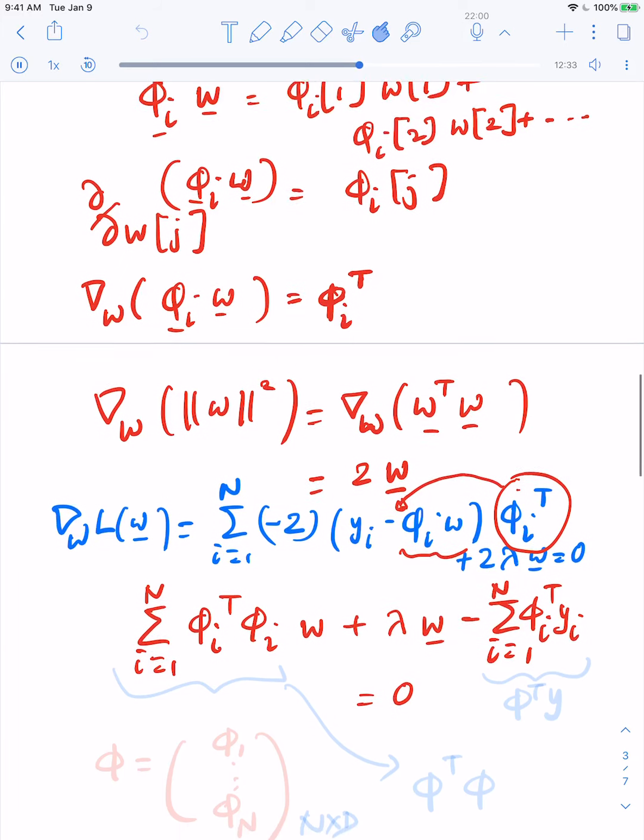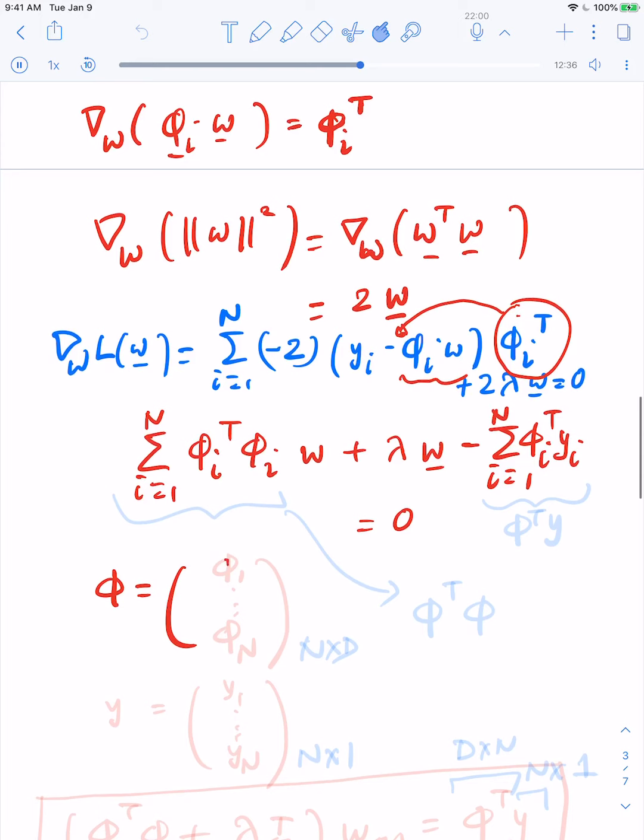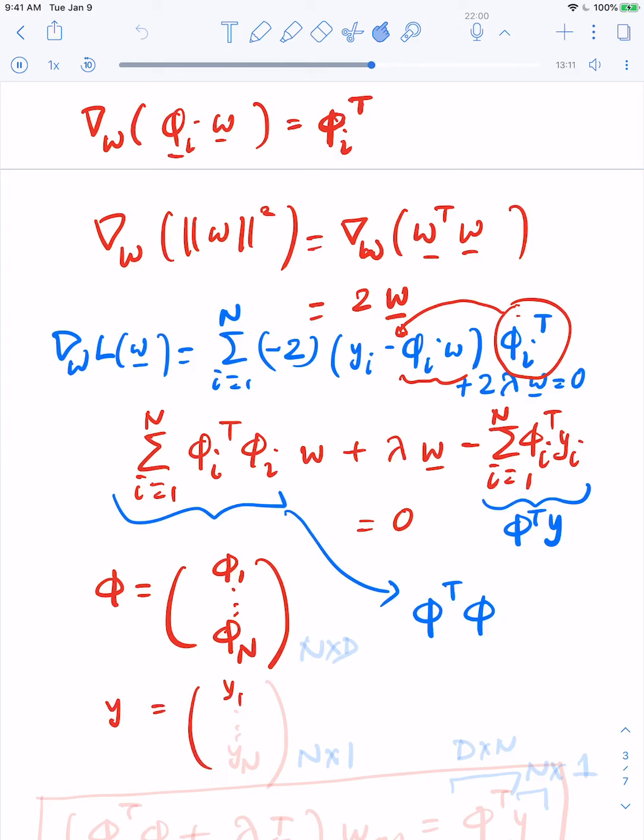And now we are ready to express it in matrix form. Remember that your matrix phi was all these phis, phi 1 through phi n, as rows. So this guy can be written as phi transpose phi. What can this guy be written as? Phi transpose y, where y is just the labels for the various examples as rows.